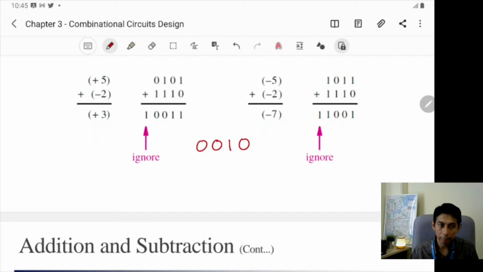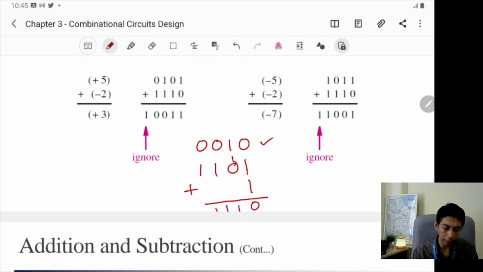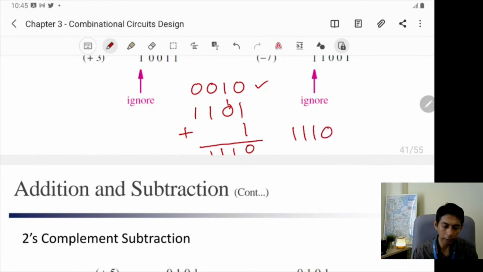So to get minus 2, or second complement for 2, you need to complement to get the first complement, which is 1, 1, 0, 1, and you need to add 1, and you can get the second complement. 1, 1, 1, 0 is the two's complement for number 2.